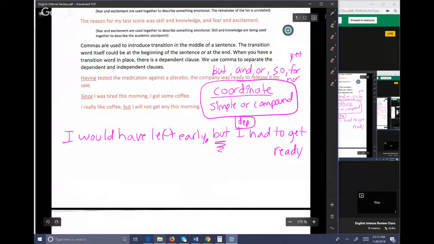Because I have the word but there, I can't just say, but I had to get ready, because then it's like, what does the but go with? If I just said I had to get ready, that would be no problem. So anywhere that you see a conjunction in a half of a sentence makes that part of the sentence dependent. I would have left early is independent.